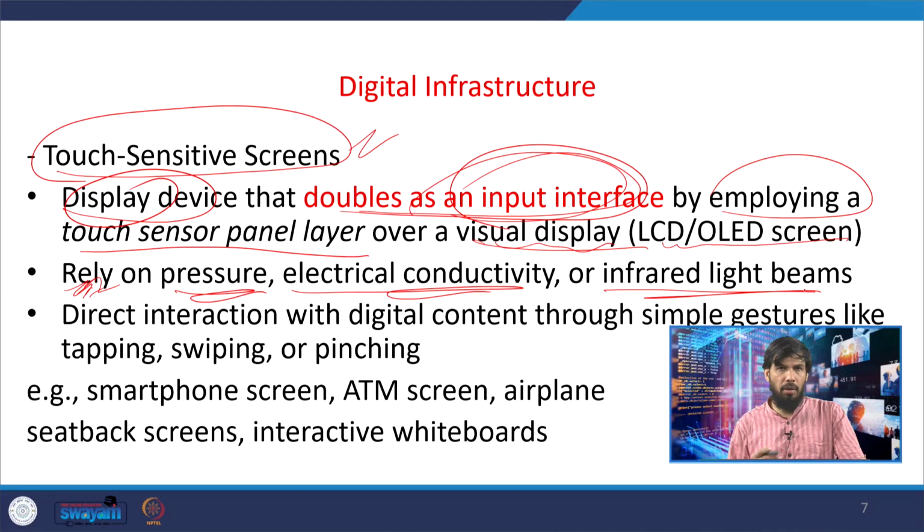Different technologies are used for different kinds of products that come under touch sensitive screens. Pressure or electrical conductivity, so many times it would be a combination depending on the use case. If it is a more industrial use case, maybe pressure plus electrical conductivity would be used to improve the longevity of that product.